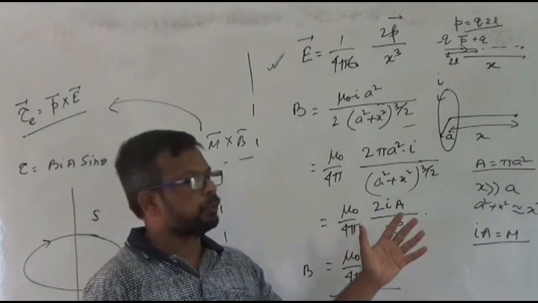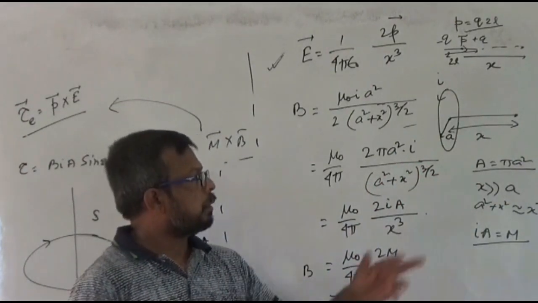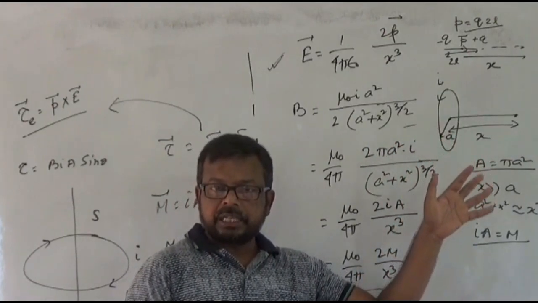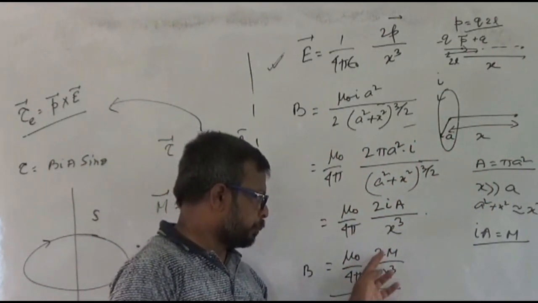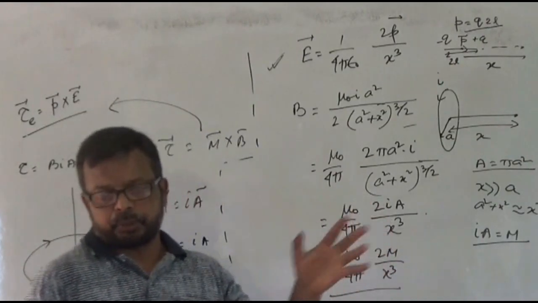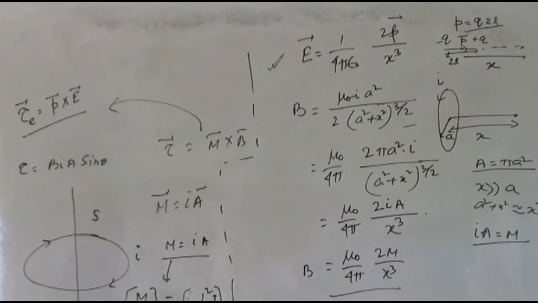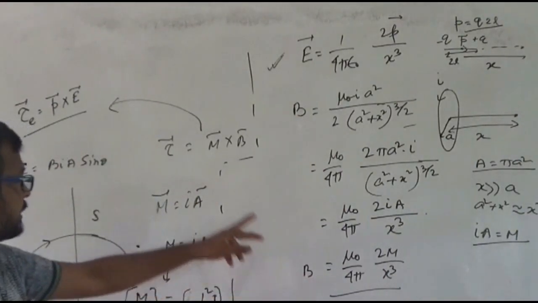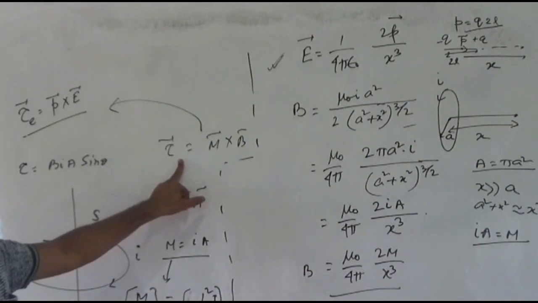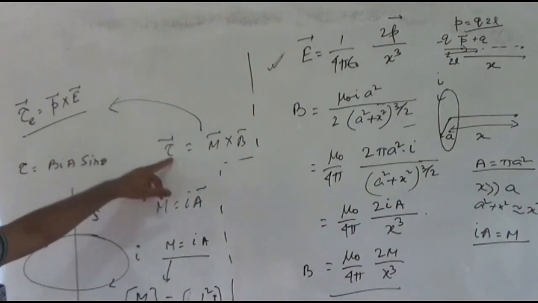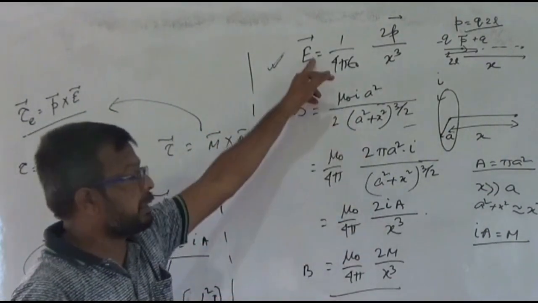We have already deduced that magnetic field on an axial point of a current carrying circular loop is mu naught by 4 pi 2m by x cube at a far point from the loop. Now just we compare these two results. One is this, another is this. Two are electric field, and these two are in similar form.